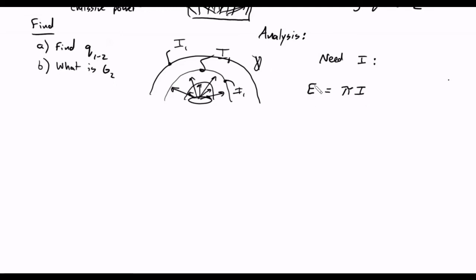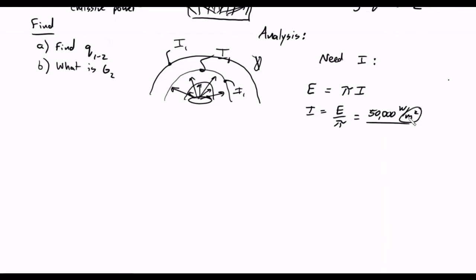So total hemispherical emissive power equals total intensity multiplied by pi. Okay, so that means the intensity is equal to the emissive power divided by pi. And we know the emissive power, it was given to us, 50,000 watts per meter squared.